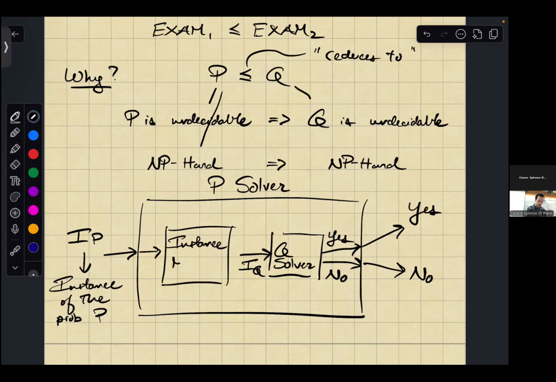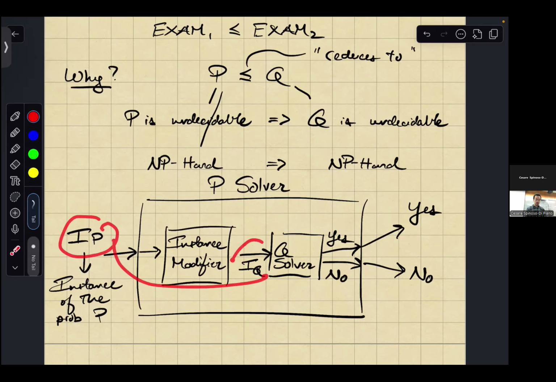The goal of the instance modifier will be to convert instances of type P to instances of type Q, such that their answer is preserved when they're passed through the Q solver. This is what you want to do.